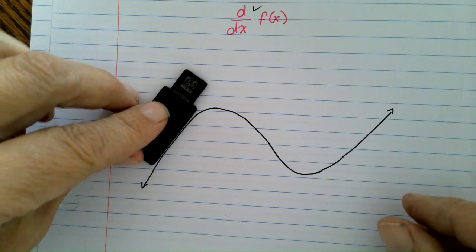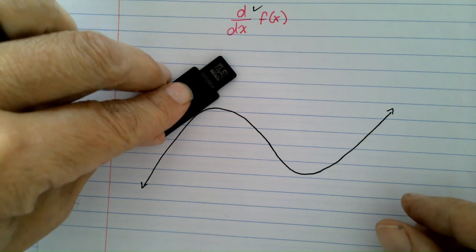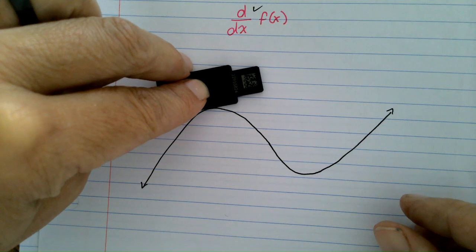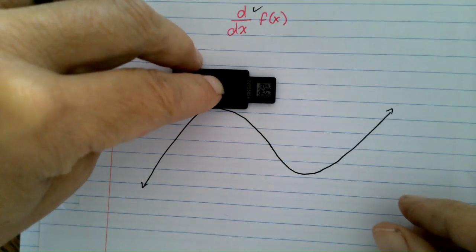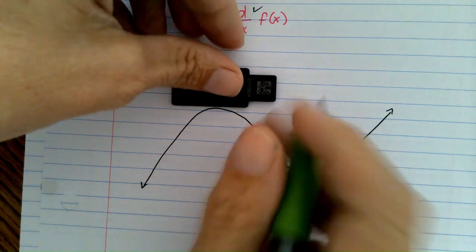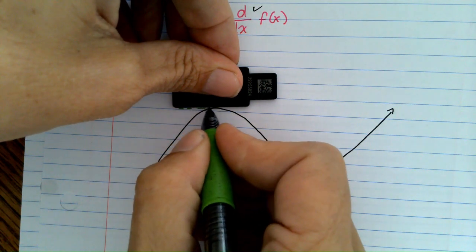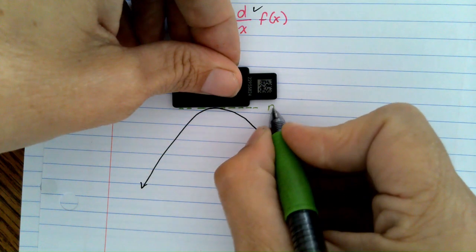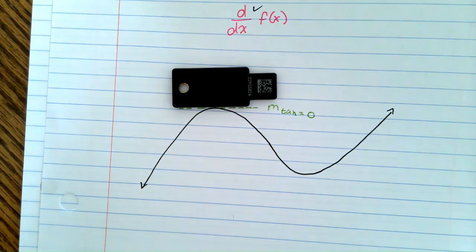And as it slides along, and it slides along, and it slides along, and this is part of what I like about that thing, right here, what happened? The slope of the tangent line is 0.